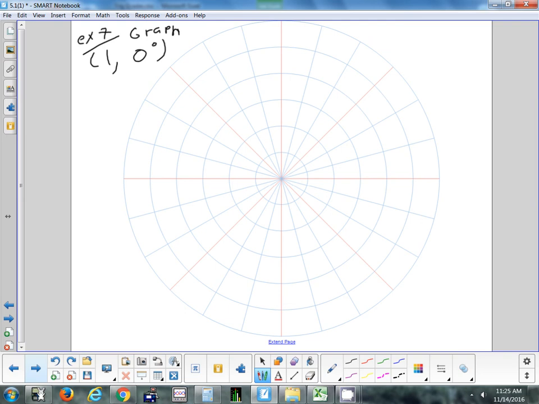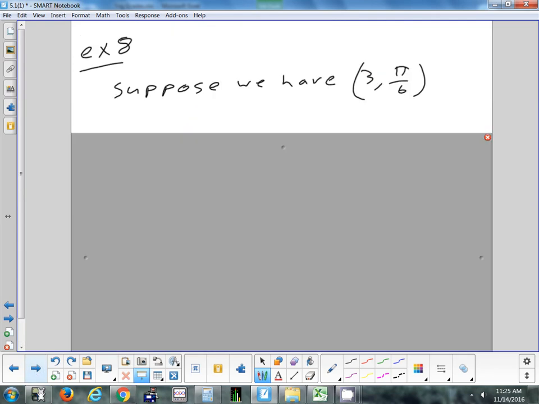So in this case, it's just 1 unit to the right. Okay, so any questions on that? Just be careful when you're graphing a negative radius. Some people just go to the wrong side, and it's a simple mistake, but an easy one to get wrong.